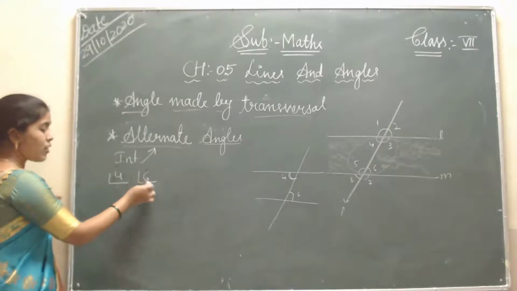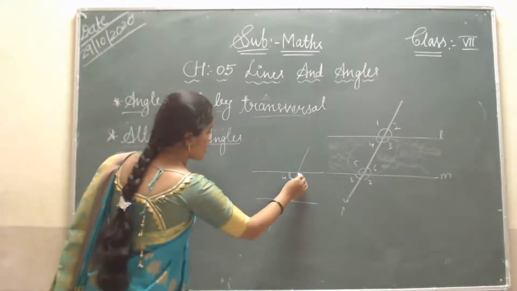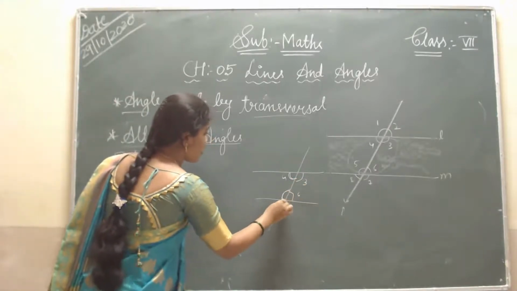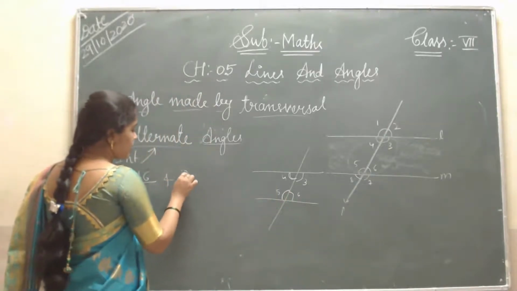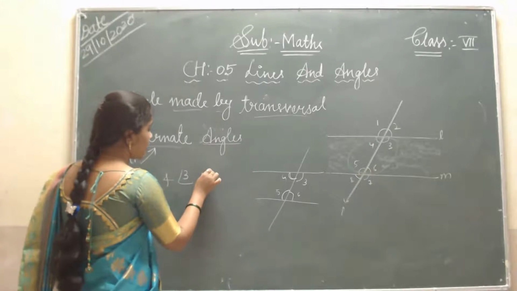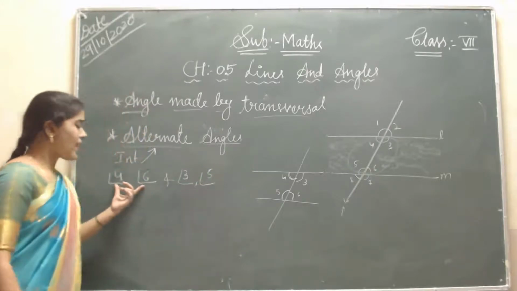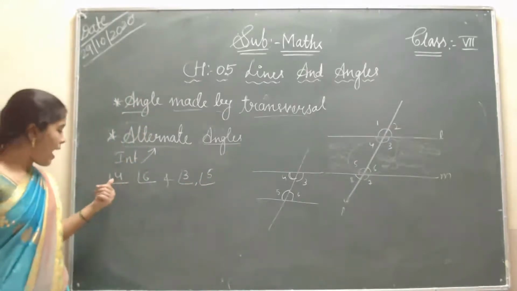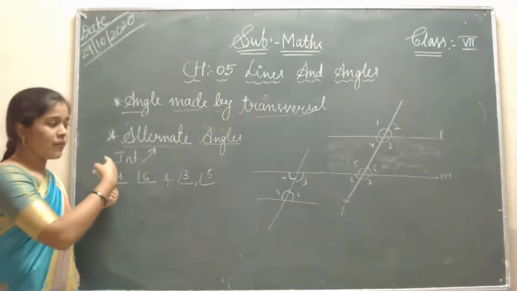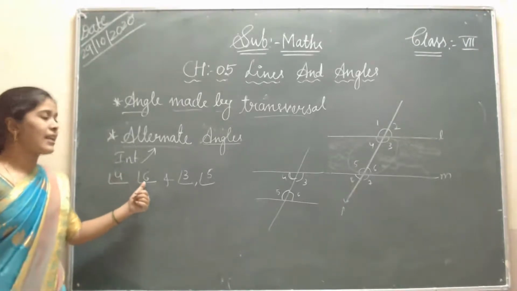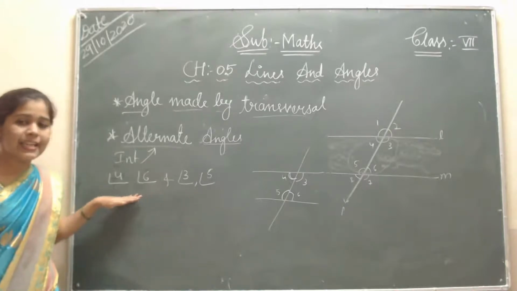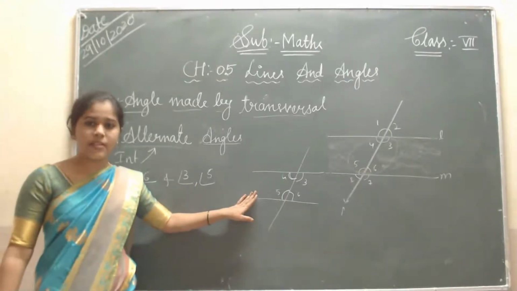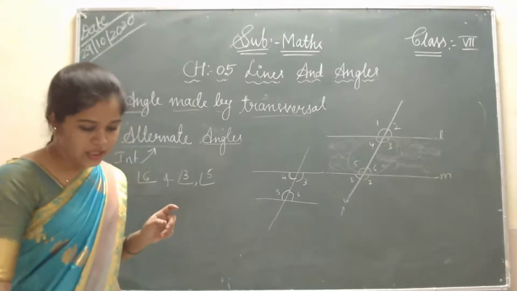Angle 4 is alternate to angle 6. Next, angle 3 is alternate to angle 5. So these two pairs are alternate angles because angle 4 is on the left side of the transversal line and angle 6 is on the right side of the transversal line. But these angles are inside of this diagram. Inside means interior angles. Understood?